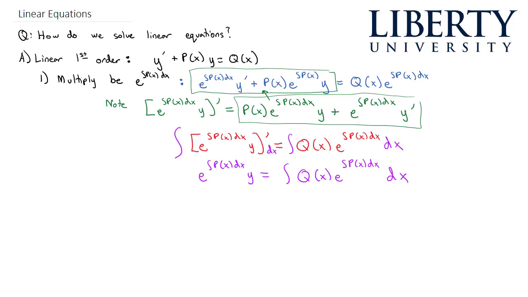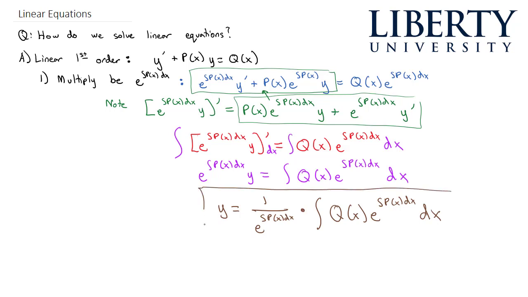Which means we've almost got the y solved for. All I have to do is divide both sides by e to the integral, and I find out that y is equal to 1 over e to the integral of p of x dx times the integral of q of x e to the integral of p of x dx dx.